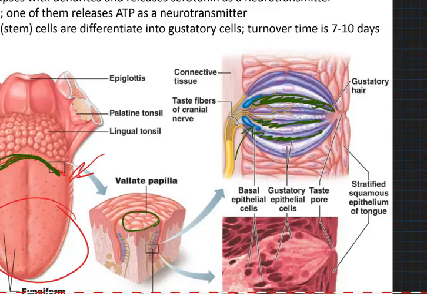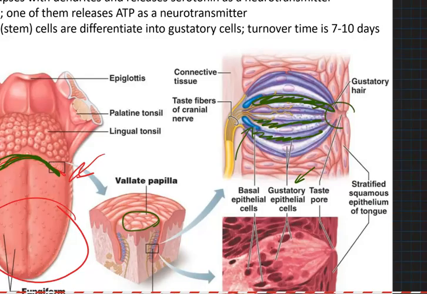Can you kill those gustatory, the taste cells? Yeah, drinking something hot or eating something super spicy. Does that make sense? So the cells will replenish dead gustatory epithelial cells.